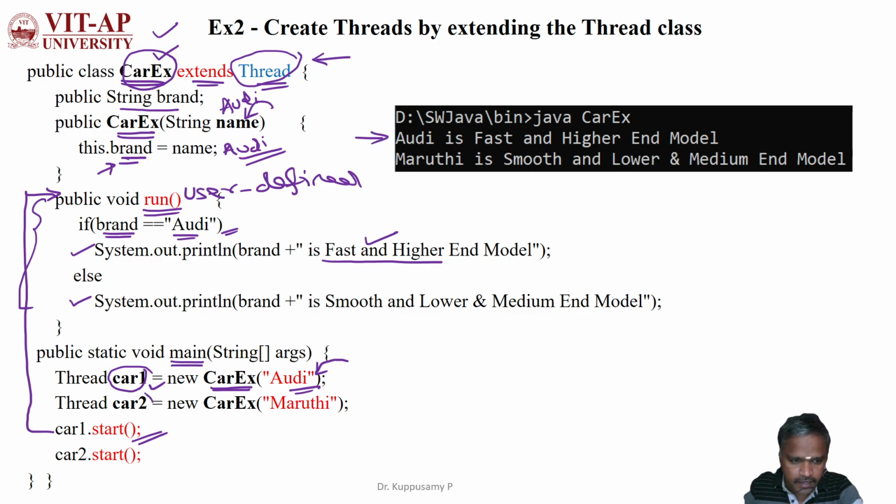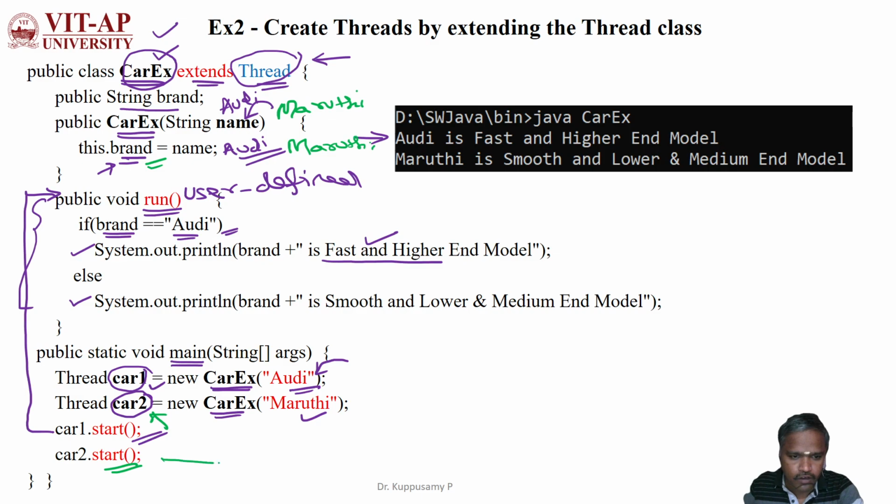Then the next thread is created, car2, with CarEx carrying maruti. So maruti is assigned to the brand name. Now car2 is created and invokes the start method.